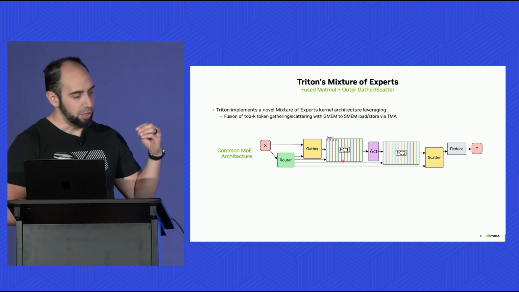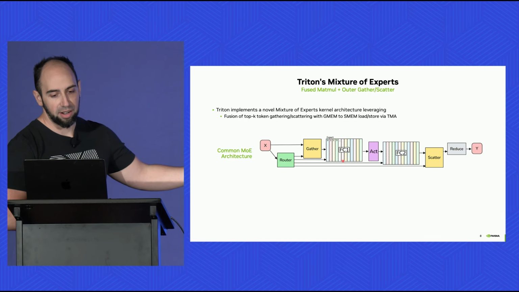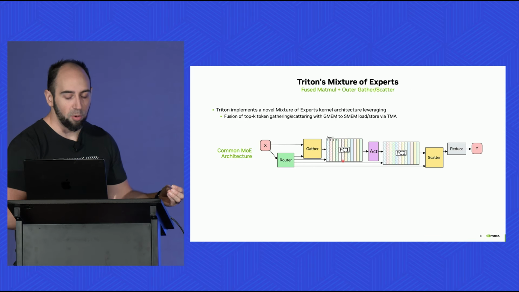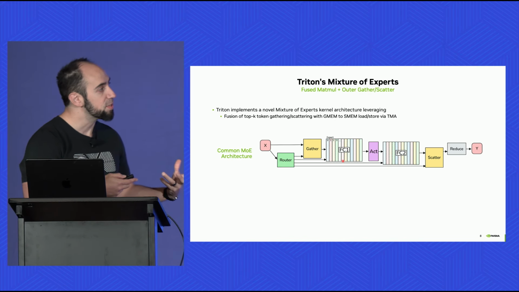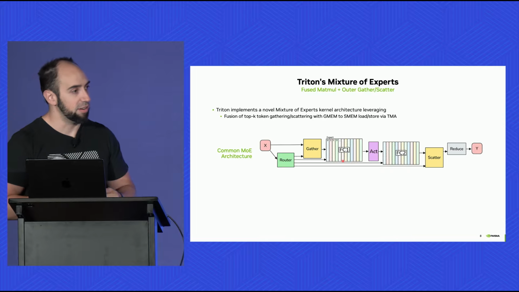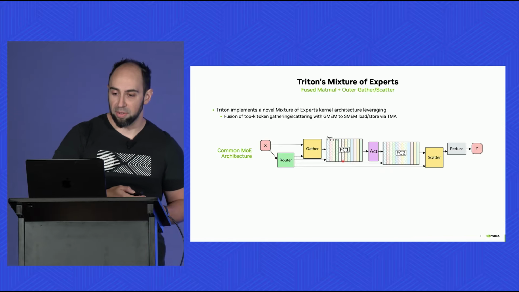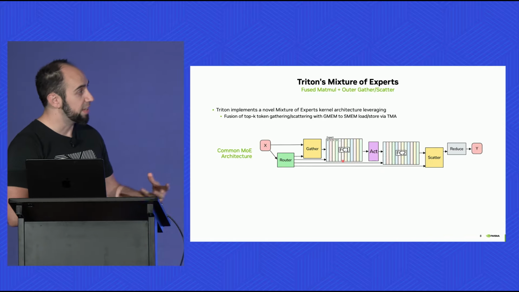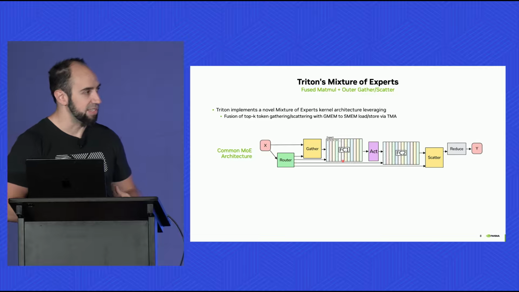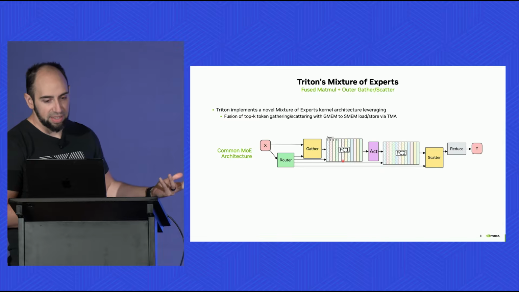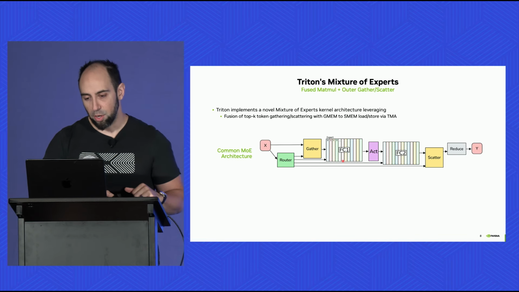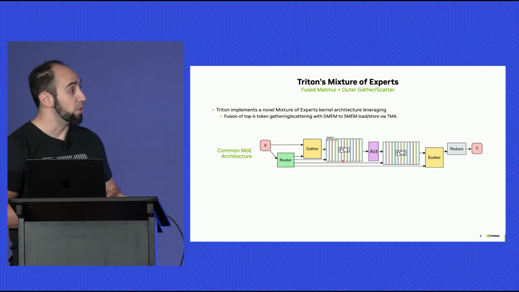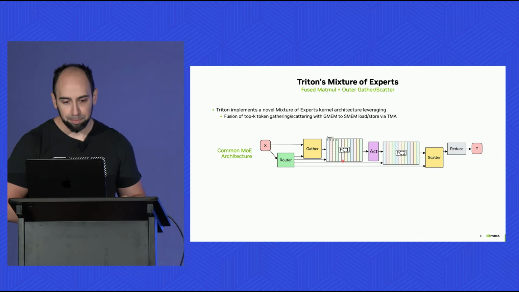So it has your list of tokens that are coming in, a router matmul which routes to different experts, a gathering step which gathers those tokens to each of the experts that are going to operate over them, an activation, another fully connected layer, and finally a scattering step, effectively the reverse of the gathering step, sending back out the superposition of all of your weighted token components from each expert, and then reducing over those to get your final output.